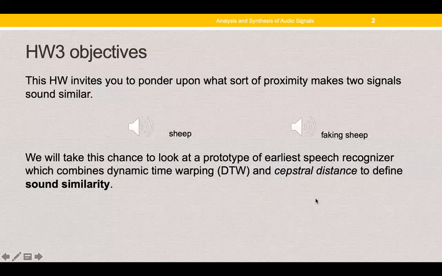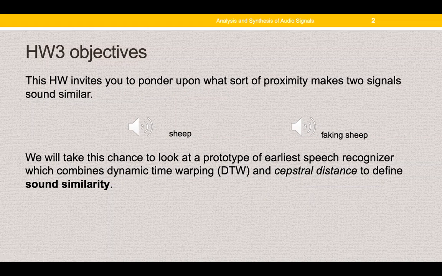That's why in the Chinese translation we call it the kind of opposite spectrum. So this is the outline. In this homework, you'll look at what exactly Cepstral coefficients are, and how and why they may represent sound similarity.